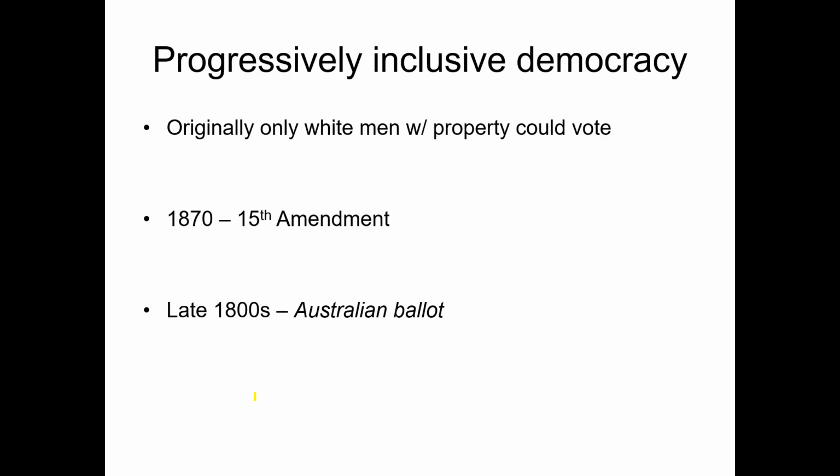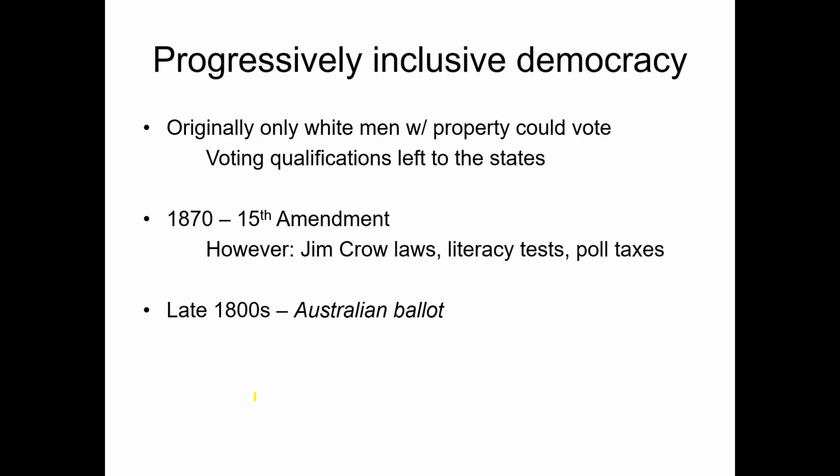And over time, as we get into the early 1800s, states progressively started to chip away at those requirements. In 1870, the 15th Amendment allowed voting for the former slaves. However, women were not yet allowed to vote.